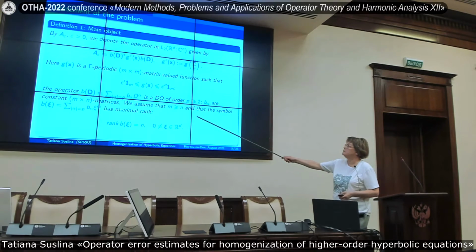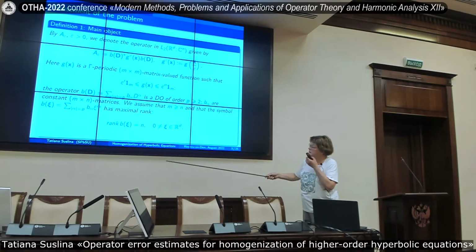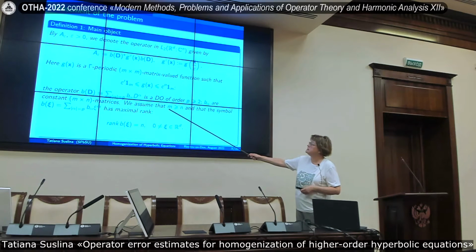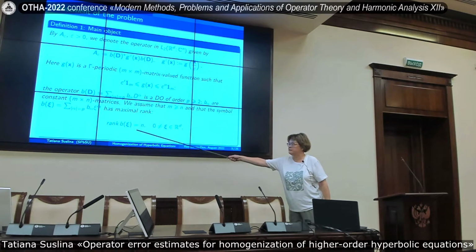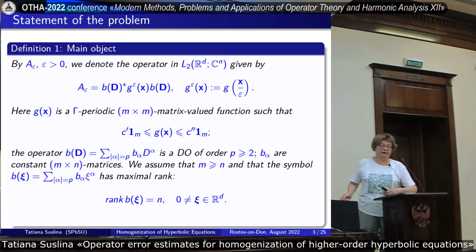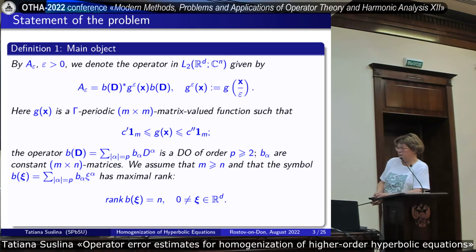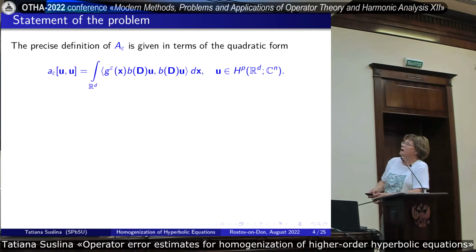The matrices B alpha are of size m by n, and it is assumed that m is greater or equal than n, and the symbol B of xi has maximal rank. The rank of B of xi is equal to n for any non-zero vector xi. It's an ellipticity condition. The precise definition of the operator is given in terms of the corresponding quadratic form defined on the Sobolev space H^p.